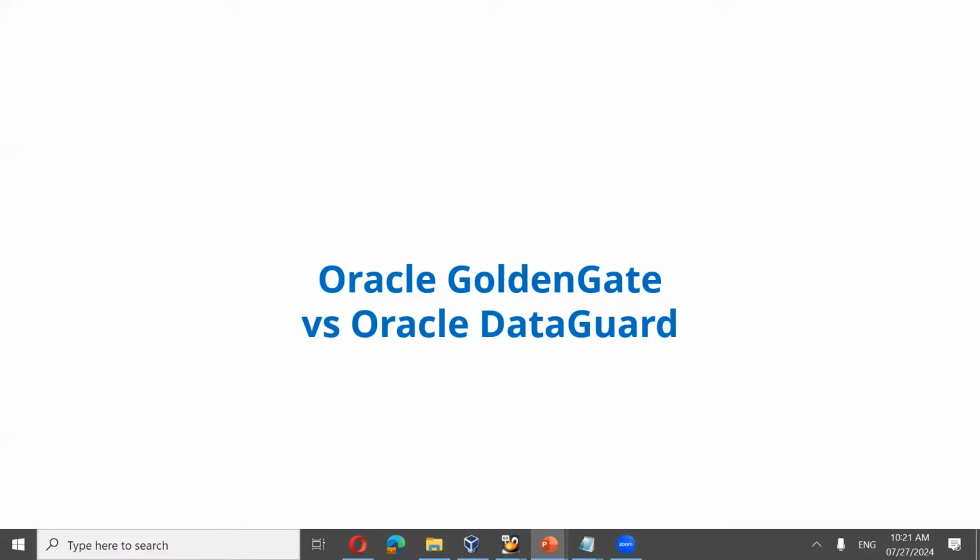So we are comparing a product which is highly chargeable to one which is free, and that should tell you there is a huge difference. What they are trying to achieve with GoldenGate, they cannot achieve with Data Guard. That is the first thing.